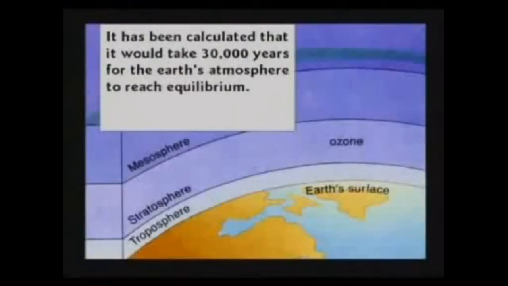The question would be, how long would it take the Earth's atmosphere to reach equilibrium? Well, when carbon dating was first invented in the late 1940s or early 1950s, Willard Libby at the University of Chicago did this. He said, I wonder how long it would take the Earth's atmosphere to reach equilibrium, because he knew about the equilibrium problem. After doing some studies, they said it would take about 30,000 years.